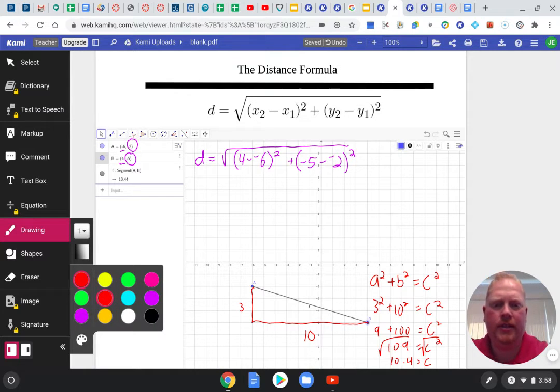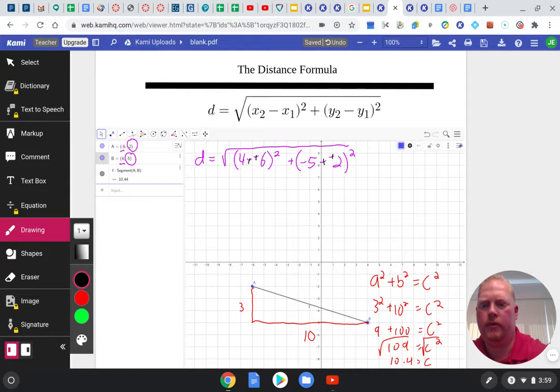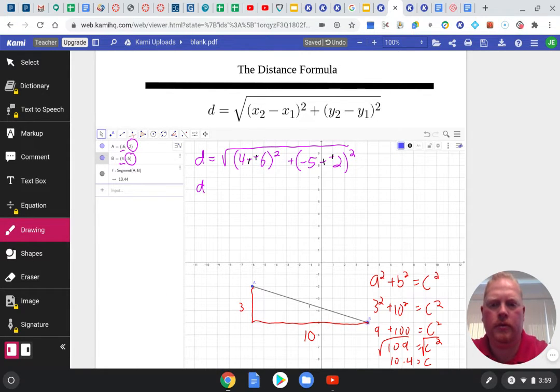So in parentheses, I have to do 4 minus -6, and if you recall, minusing a negative is the same as adding a positive. Same thing over here. So 4 plus 6 is 10. -5 plus 2 is -3.